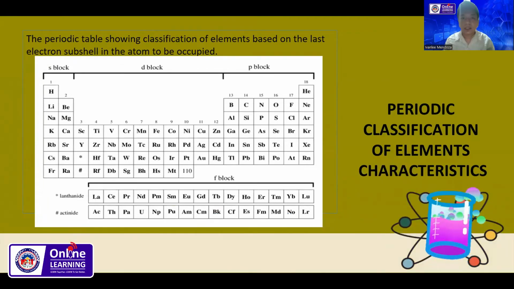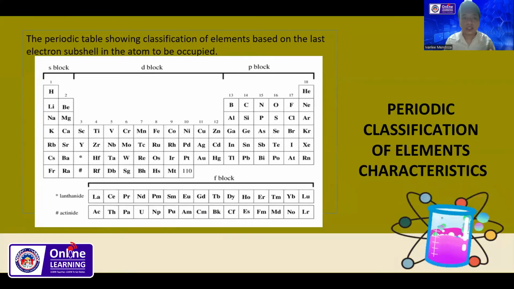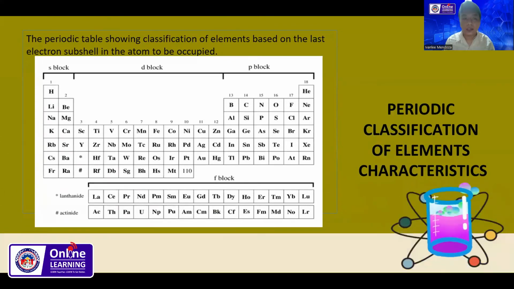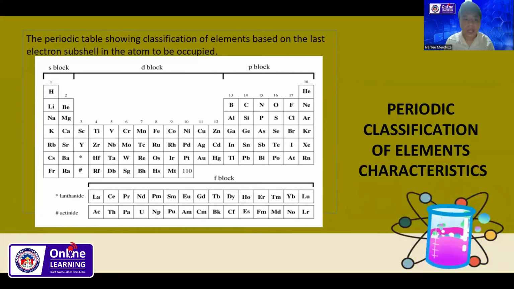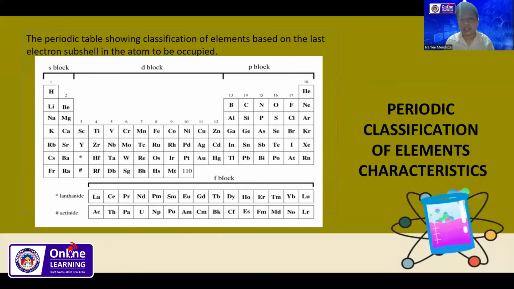Now, we have here the elements based on the electron subshell occupied in the atom. If you notice, we have the S block, which occupies groups 1 to 2. Then we have the P block, occupying groups 13 to 18. Then we have the D block from group 3 to 12. And we have the F block for the lanthanoid and actinide series.